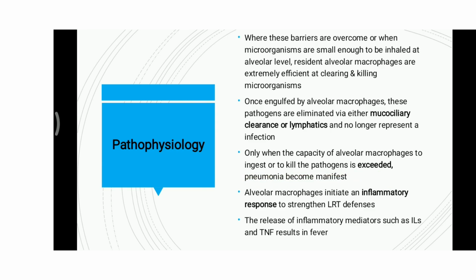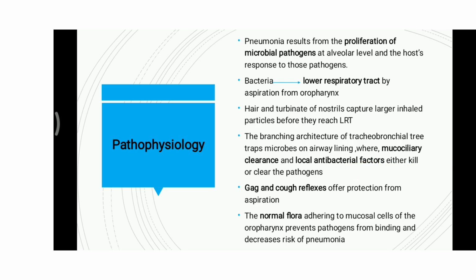So all of these barriers: the hair and the turbinate of the nostrils, the branching architecture of the tracheobronchial tree, mucociliary clearance as well as local antibacterial factors, the gag and cough reflexes, and also the normal flora.